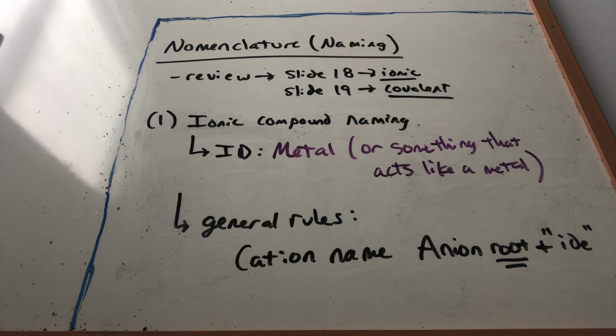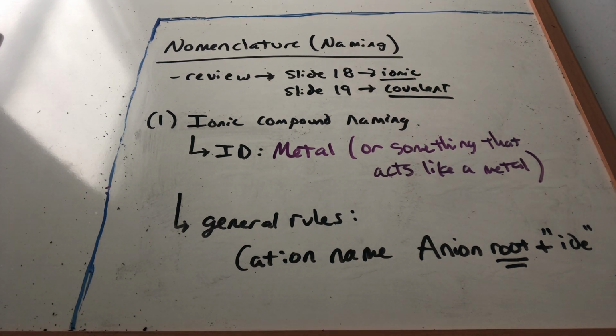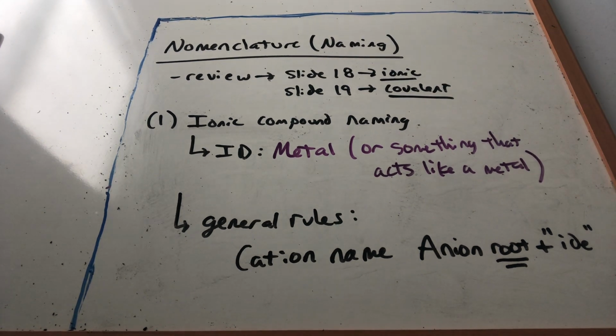And because there's a different process for each, and you'll see that in the pictures that are shown, there's going to be different rules for how we name ionic and covalent compounds. We have to make sure we understand that the processes are different, and then we have to be able to interpret information from the periodic table, okay?